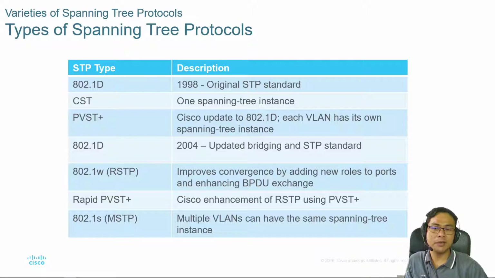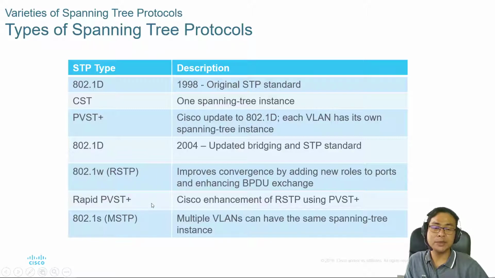We have the 802.1w, the RSTP. So nagdagdag ng role, yung kanina nakita niyo naman na yung alternate port. And exchanging BPDU, enhancing BPDU exchange. So we also have the Rapid PVST Plus. So improvement or enhancement nung RSTP.